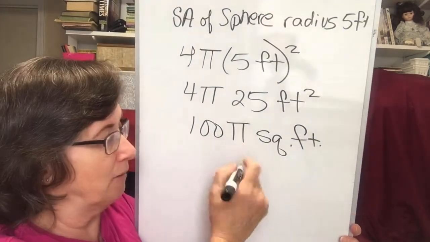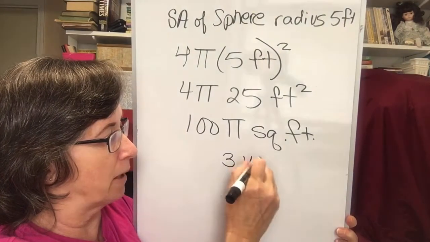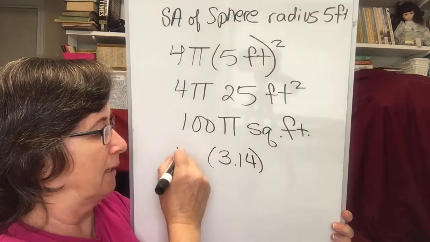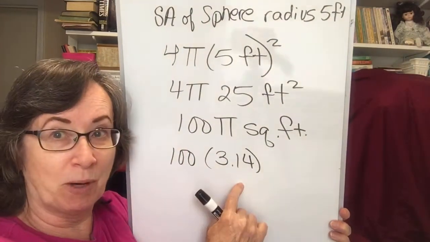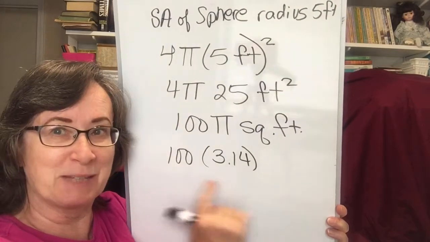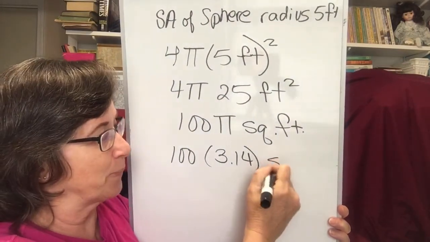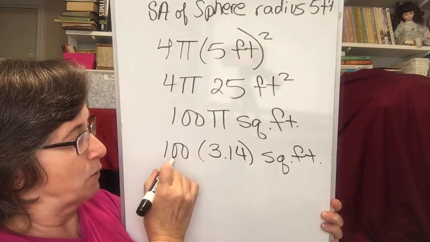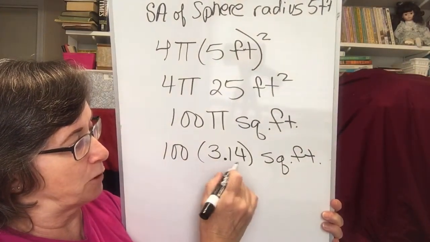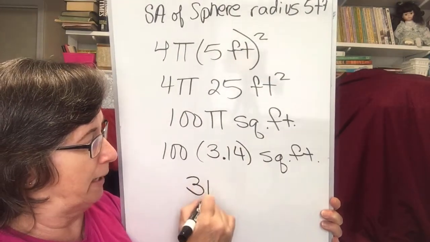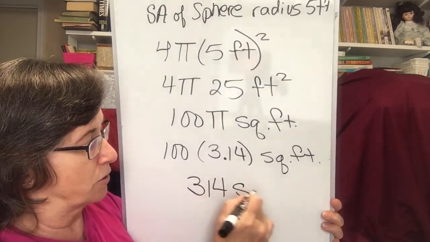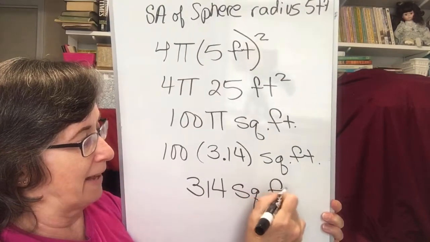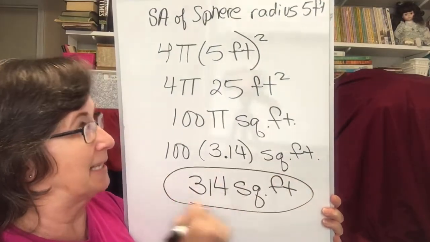Because pi, we're going to put as 3.14, but 100 times 3.14 simply moves the decimal 2 places to the right. We end up with 314 square feet. Now that one was nice and easy.